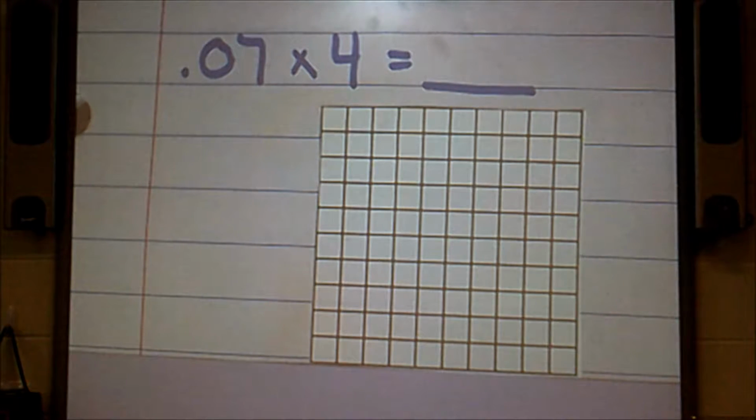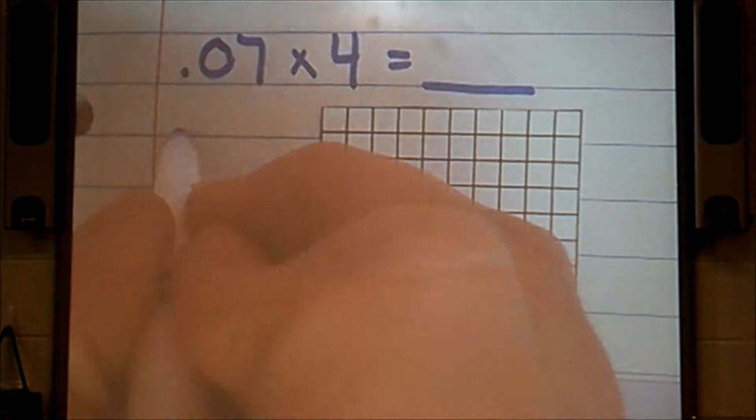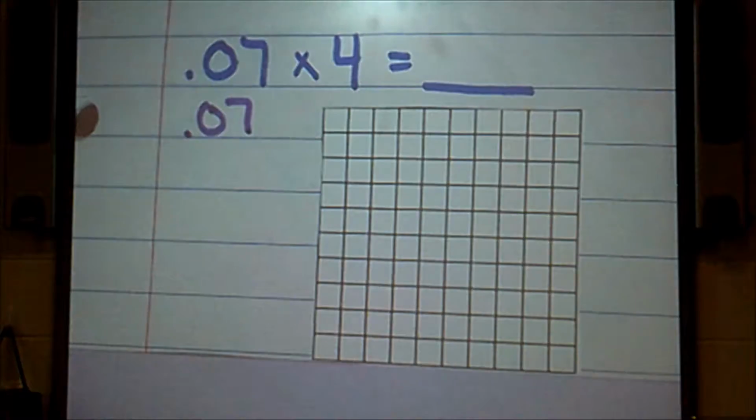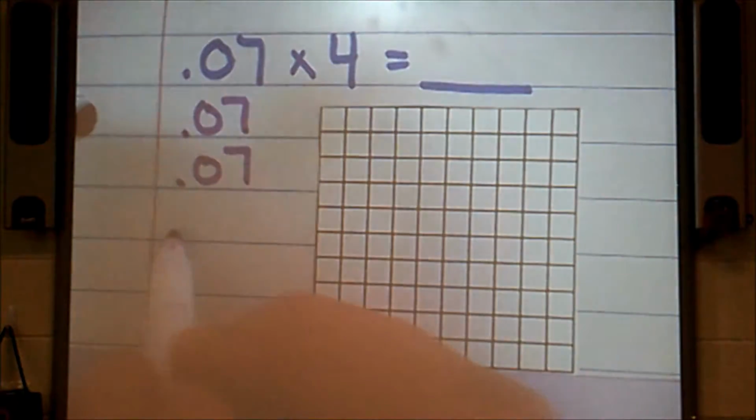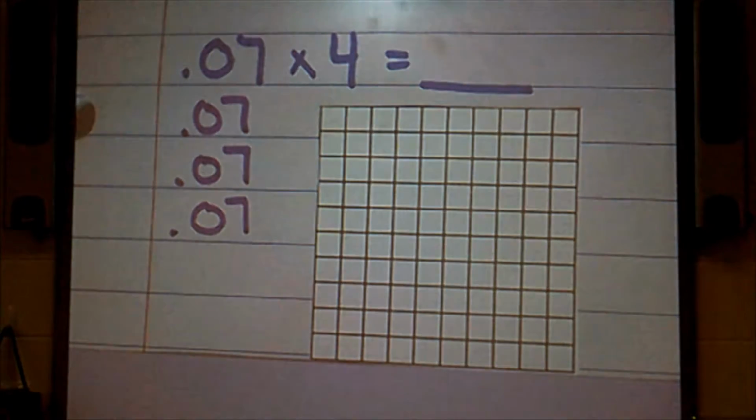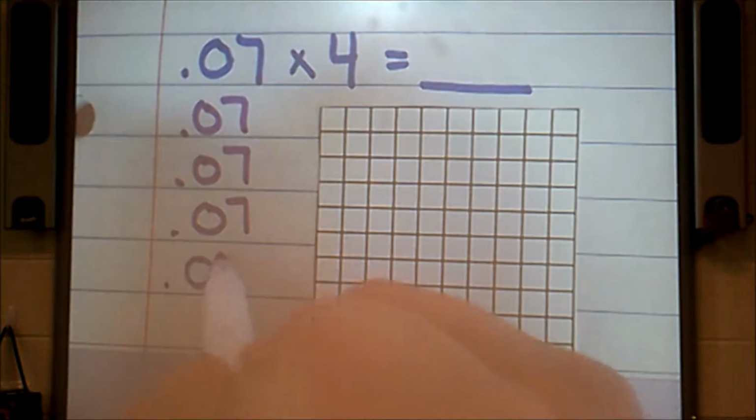So what I'm going to do is break this apart as if it were repeated addition. I know that 7/100 times 4 means I'm doing 7/100 4 times, right? So I could write 7/100, 7/100, 7/100, and 7/100.